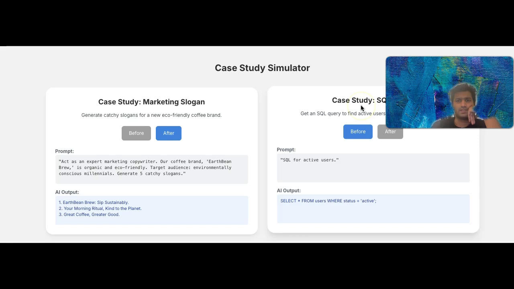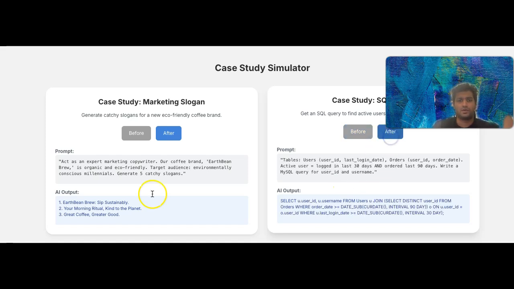And another case study for technical problem solving, SQL query generation. The first prompt was super vague, which just said write the SQL for active users, and the initial output that we got was potentially incorrect or incomplete because it's too simple and assumes the table and column names.